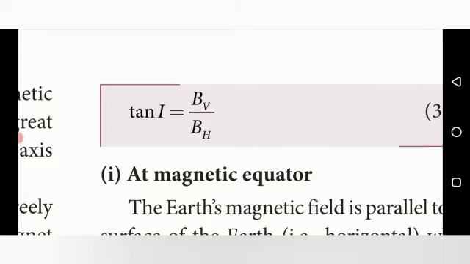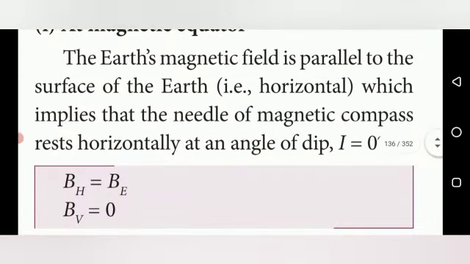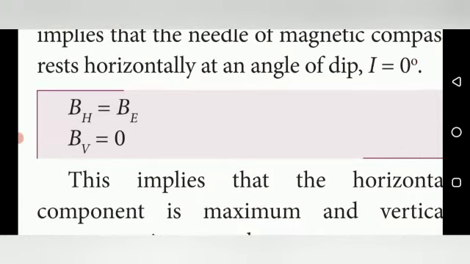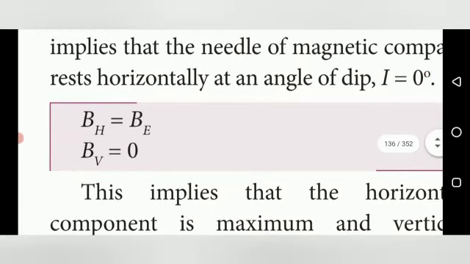Now at the equator, what happens? The Earth's magnetic field is parallel to the surface of the Earth, that is horizontal. So the angle of dip I is equal to 0, then BH is equal to BE, because BV is equal to 0.